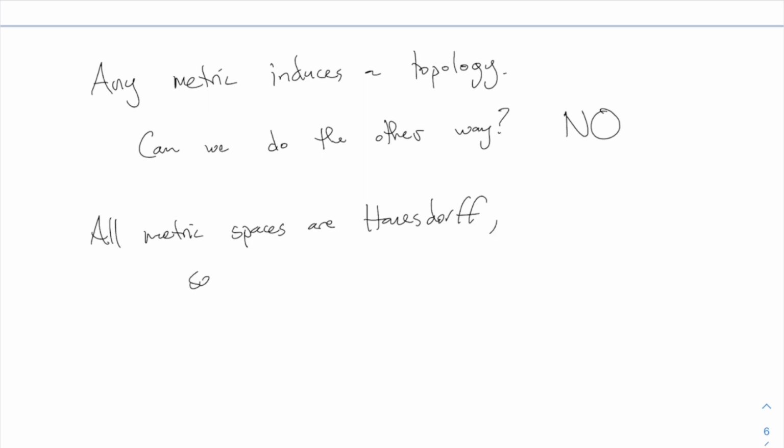So, for example, something like R with the finite complement topology, if you recall, is not Hausdorff, and therefore it cannot be a metric space. That means there is no metric function you can use that gives you that topology, the finite complement topology.